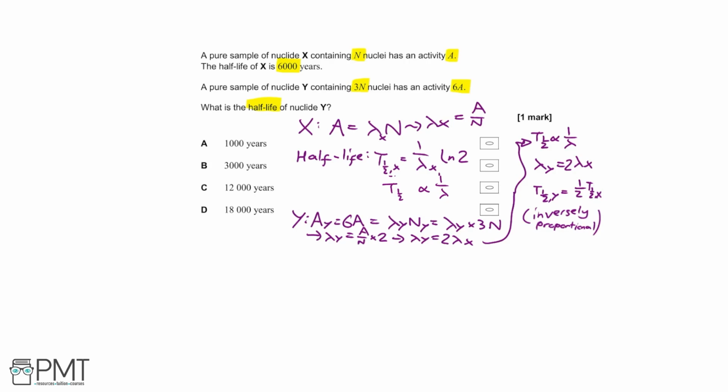Therefore, our answer is equal to the half-life of x divided by 2. This means that t half y is equal to 6,000 divided by 2, which is equal to 3,000 years. Therefore, this is equal to B.